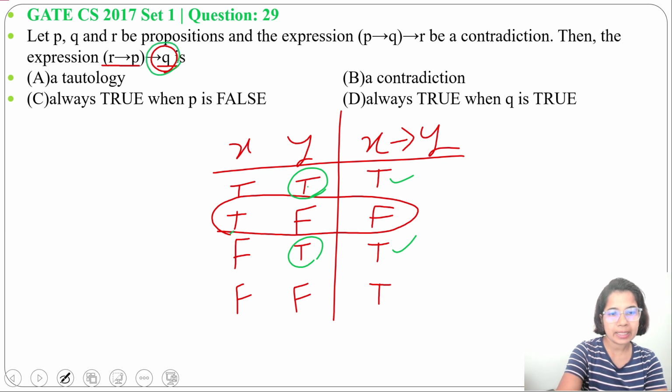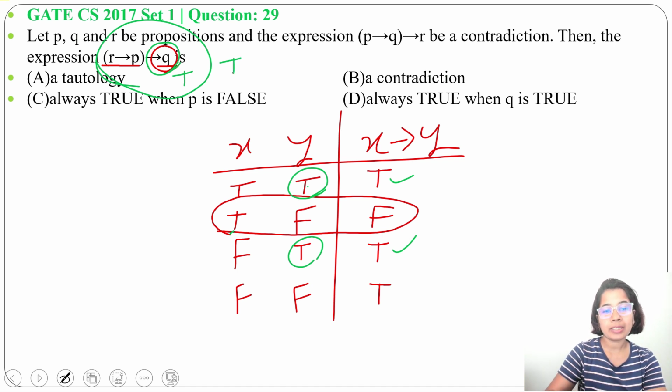So if this Q is true, then this whole implication will always be true, as there is no chance of false. For false, the first part should be true and the second part should be false. If this Q is true, then whatever R implies P is, whether true or false, this whole implication will always be true.